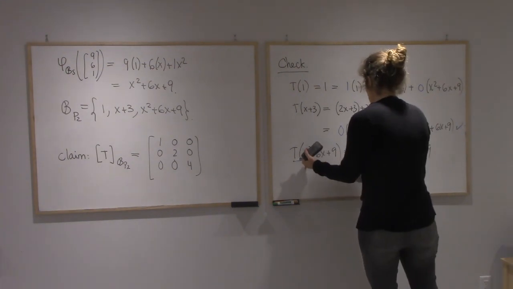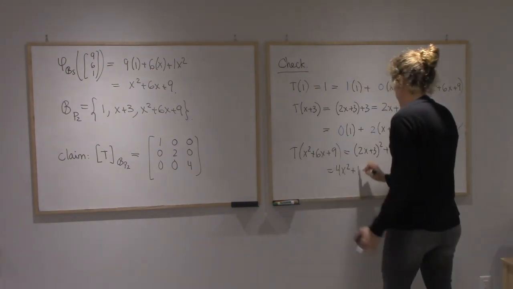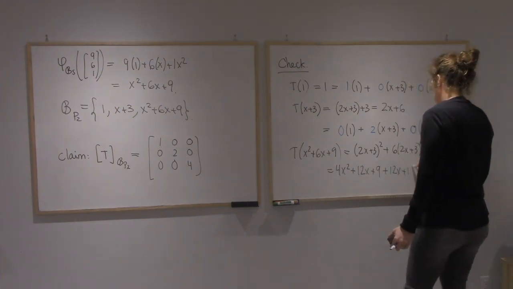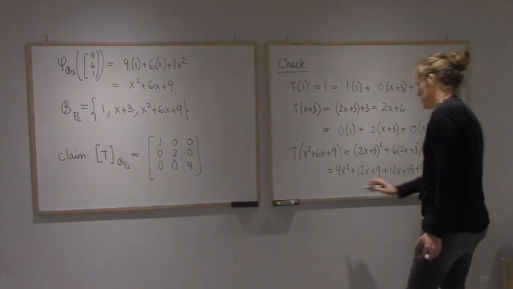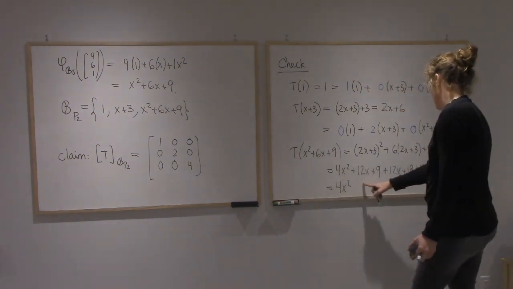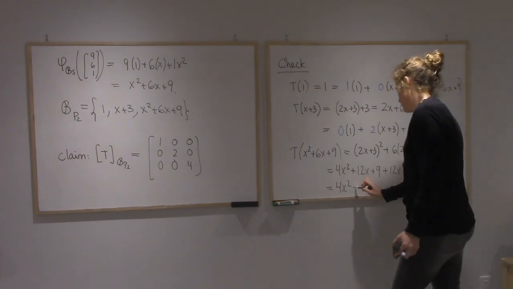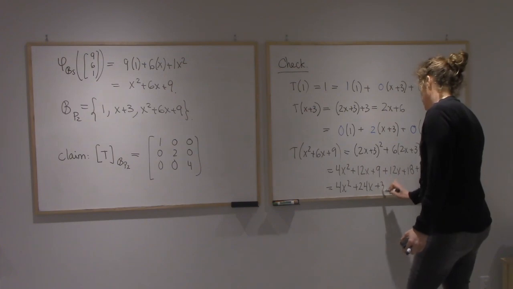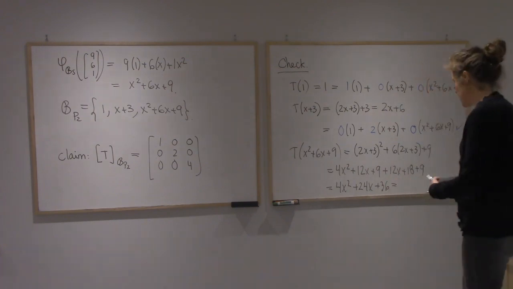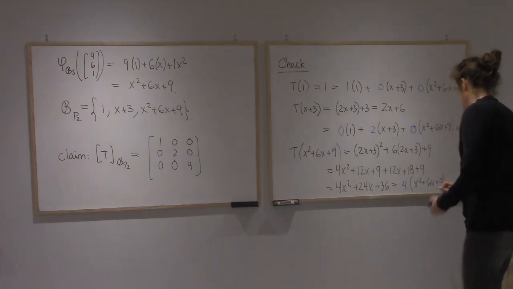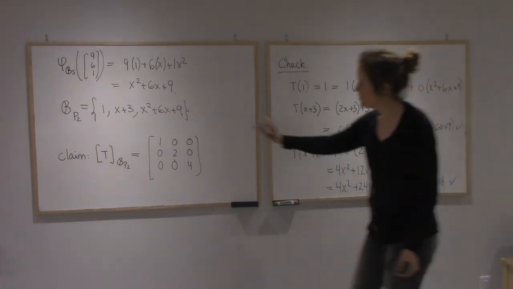That's 4x squared plus 12x plus 9 plus 12x plus 18 plus 9. That's 4x squared, 12 plus 12 plus 24x plus 36. And that is just 4 times the last of my basis vectors. And so I don't need the other ones. That's exactly what I want, 0, 0, 4.